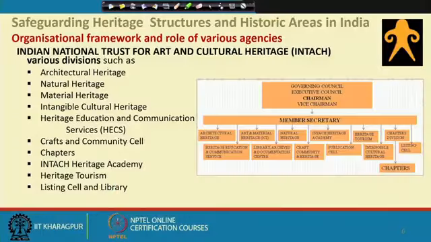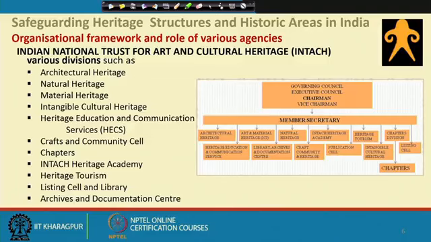So, INTACH works in tandem with the government. They also now have a consultancy cell where they take up individual independent projects. And there are also the archives or documentation center, and it now has its own standing, and the government also takes the advice and support of INTACH for various purposes related to heritage.